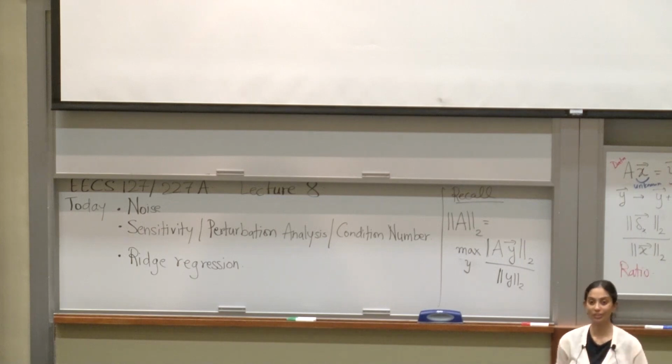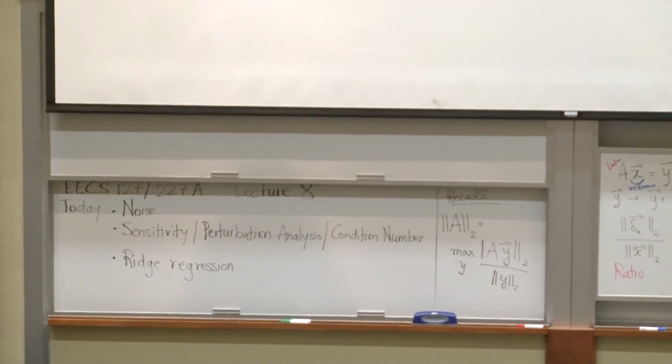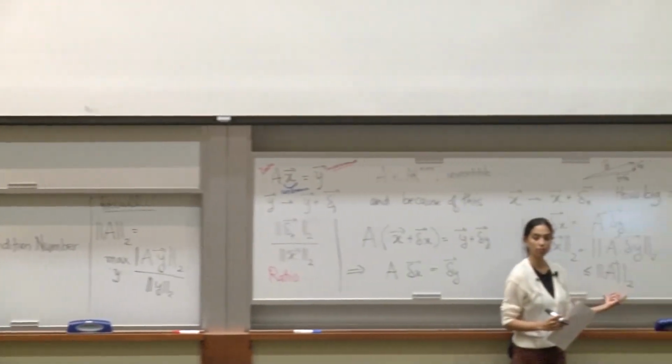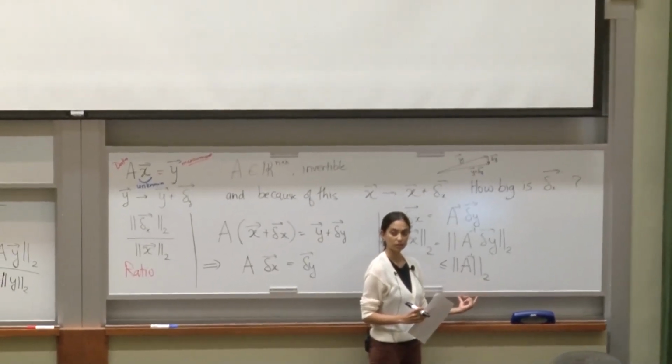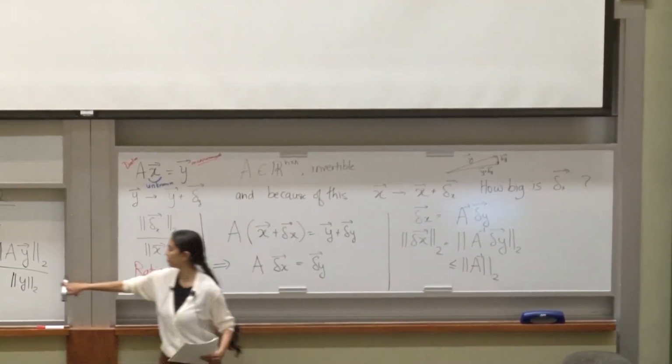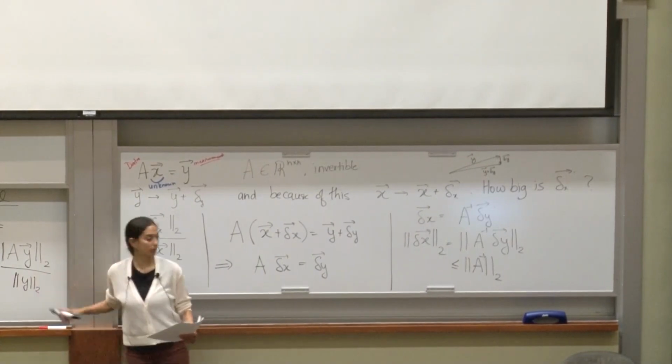You can upper bound the value on the right. Great. So how would you upper bound the value on the right? And what else am I going to need? Is it just this 2 norm? I have this here, so what do I need here?